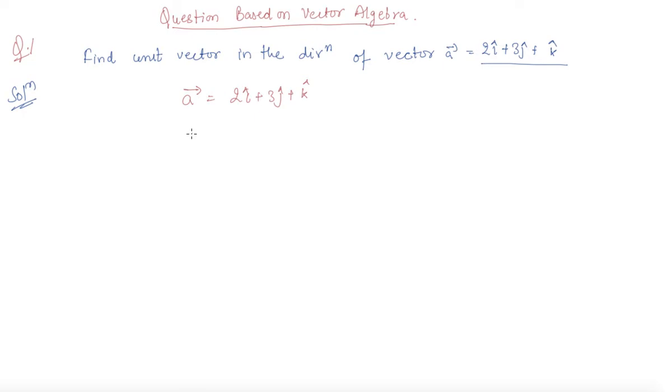Okay, so to find the unit vector we first need to find the magnitude of this vector, which is 2 square plus 3 square plus 1 square, which is root of 14.